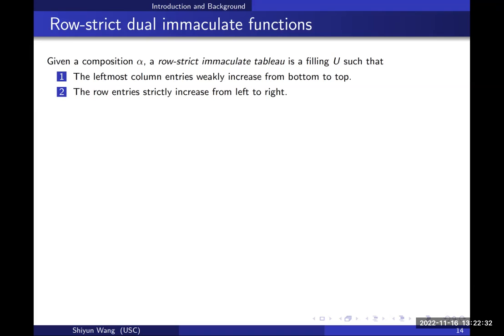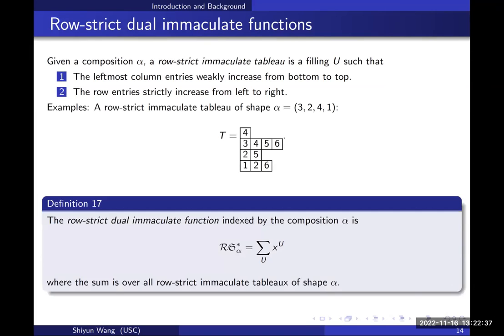We take the tableau, dropping the triple rule, and then we get the same tableau as the row-strict quasisymmetric Schur, but dropping the triple rule. So now you have all rows strictly increasing, but the first column needs to be weakly increasing and no requirement for the other columns. And then we define the row-strict dual immaculate function as the generating function for all of this kind of tableau.